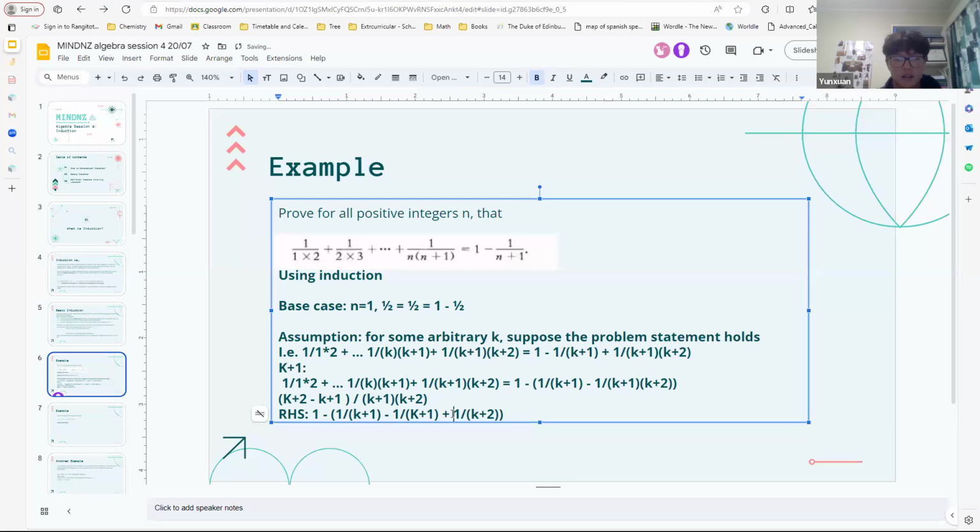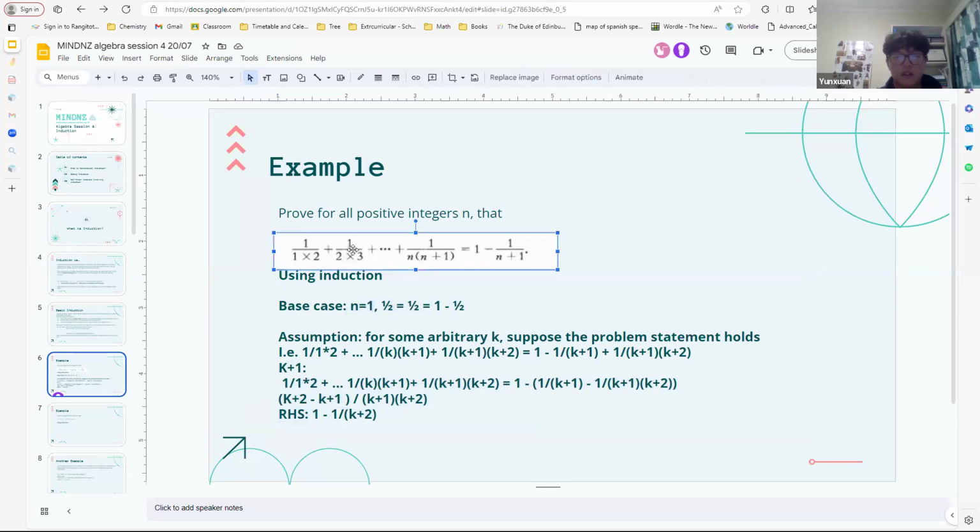And what does this cancel out to? This is 1 over k plus 2. So we see that the k plus 1 case holds. And because the base case n equals 1 holds, we know that n equals 2 holds, n equals 3 holds, and all positive integers n hold. So we know that this problem statement is true.